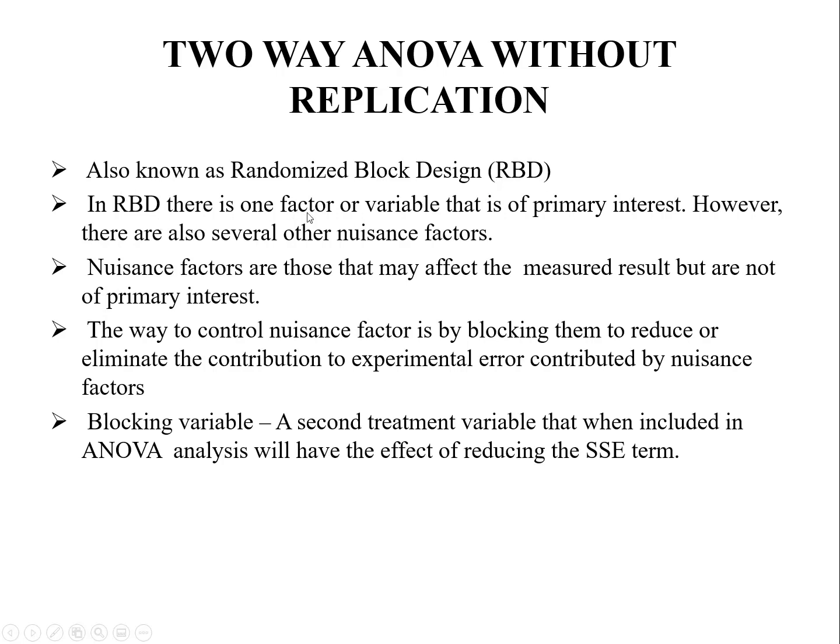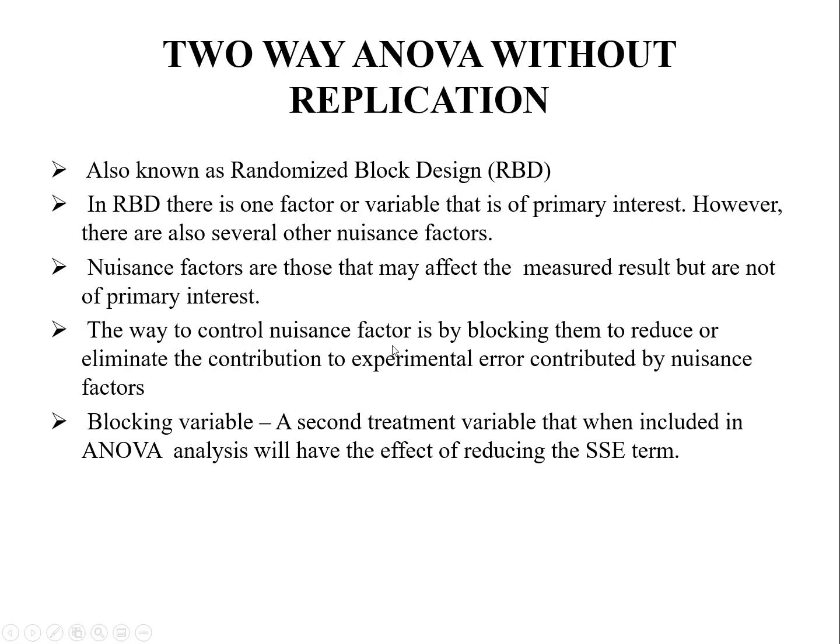In randomized block design, there is one factor or variable that is of primary interest. However, there are also several other nuisance factors. That is why it's called block design, because we will freeze some blocks, which are also called nuisance factors. Those factors do not have a direct impact on the dependent variable. Nuisance factors are those that may affect the measured result but are not of primary interest, so we want to reduce their impact for the time being.